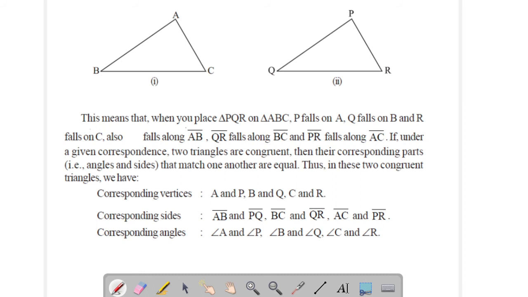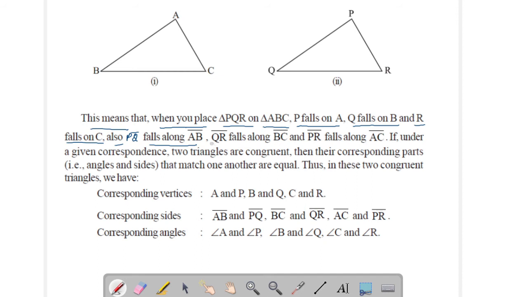This means that when you place triangle PQR on triangle ABC, P falls on A, Q falls on B, and R falls on C. Also, line segment PQ falls along line segment AB.